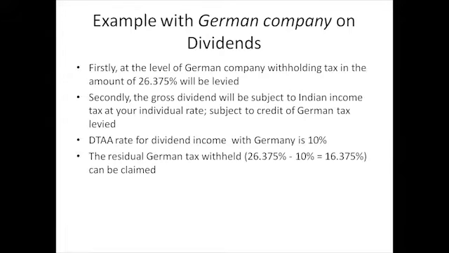Here, the DTAA agreement will allow us to claim 10% of that dividend paid in a foreign country, which is Germany here. So the residual tax withheld, 26.375 minus 10%, which comes to 16.375%, is something which we can claim by filing it in ITR2.